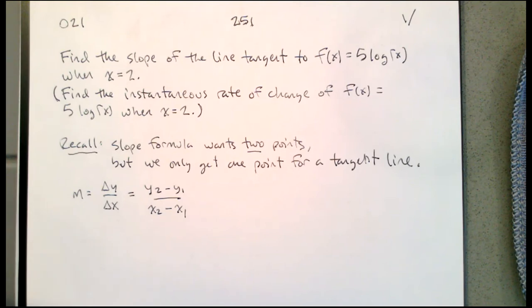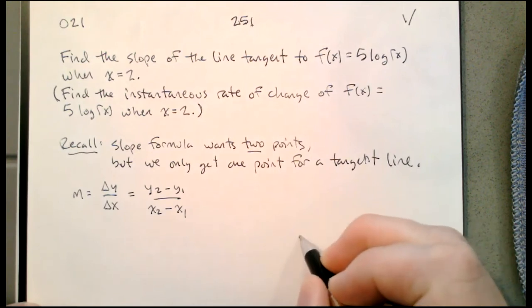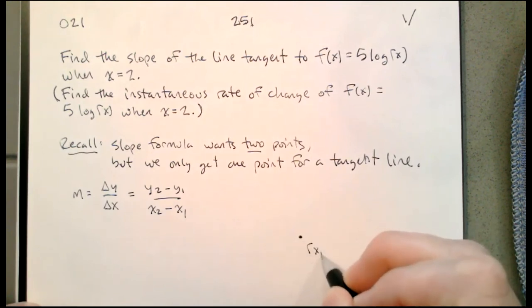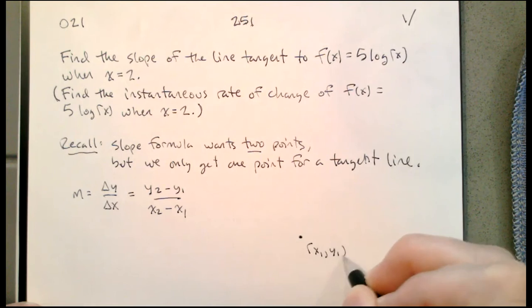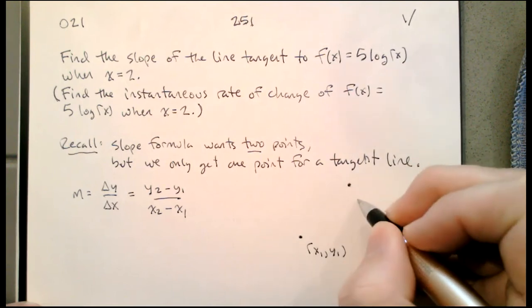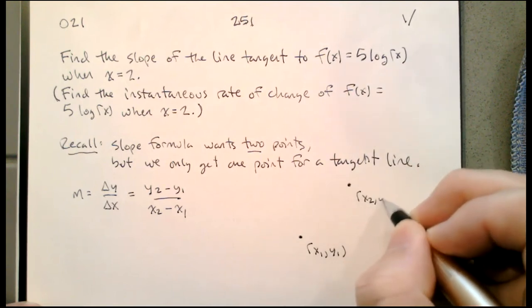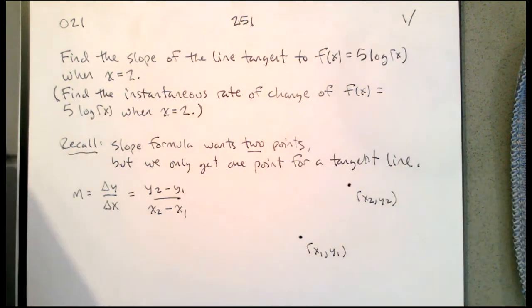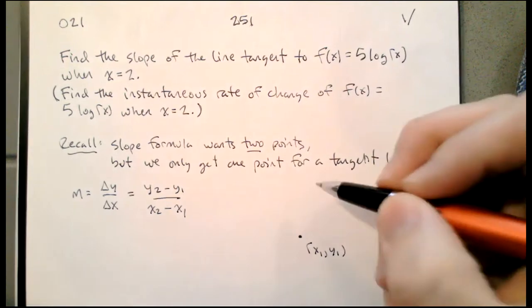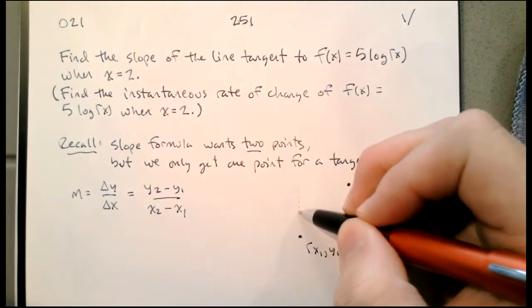So let's draw a picture of what we're going for. We've got a point x1, y1, and we've got some other point, x2, y2. The delta y is how much things change vertically, so this distance is delta y.